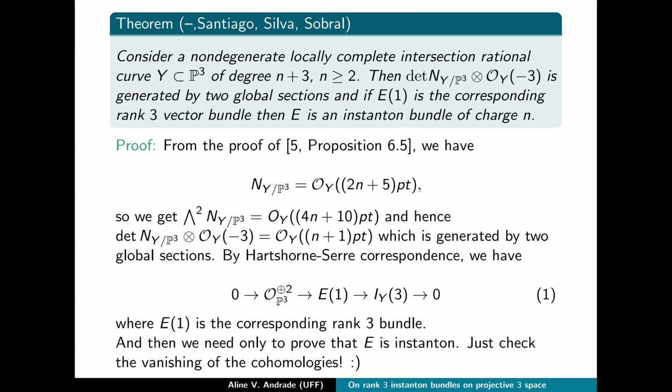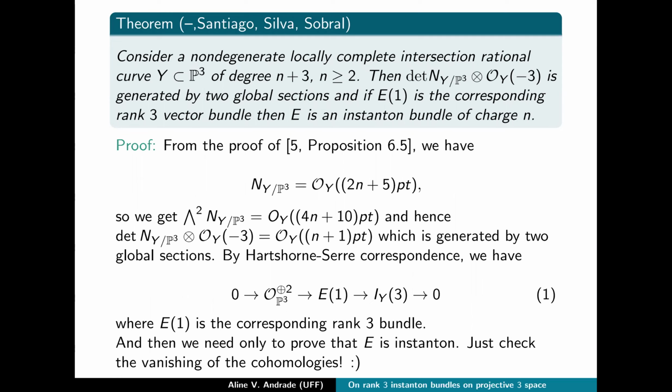O_Y is a line bundle on the curve, so it's rank 1. But this is the wedge 2, the wedge R of a rank R bundle, so this wedge is a line bundle. There is a wedge 2 missing in the left-hand side, is that right?